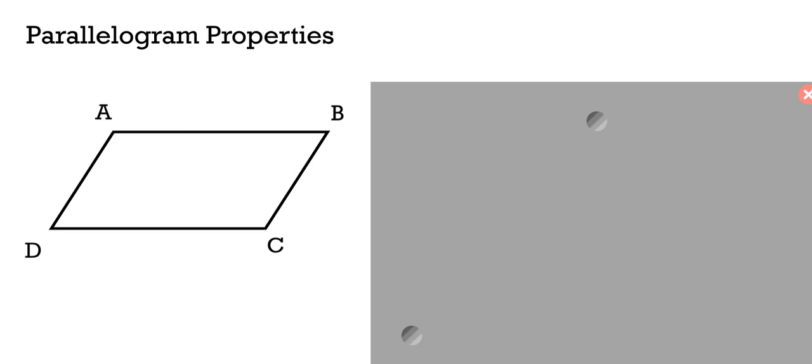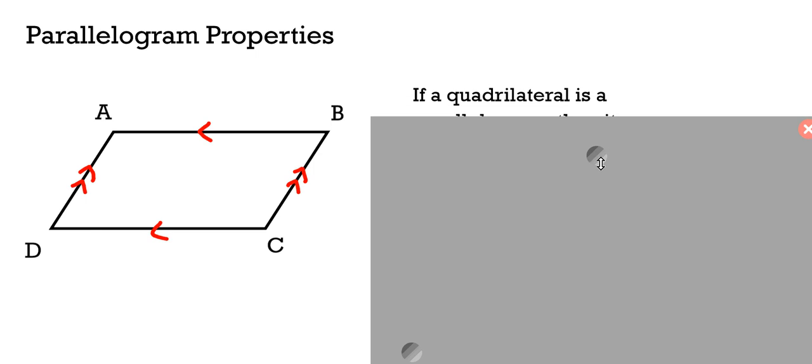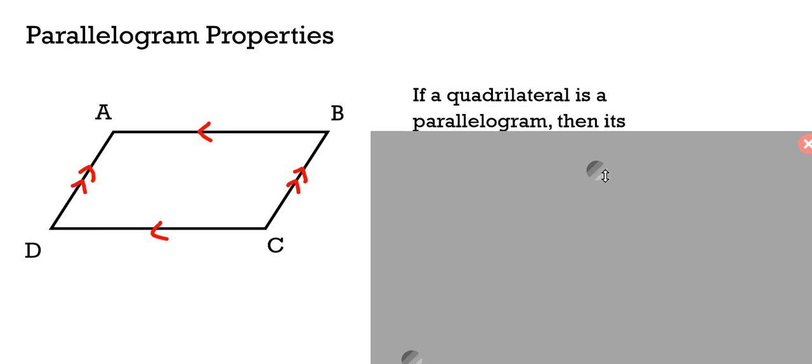So we're looking at our parallelogram here, and from here on out, I'm not going to put the marks in, I'm just going to call them parallelograms. I'm using the same quadrilateral.